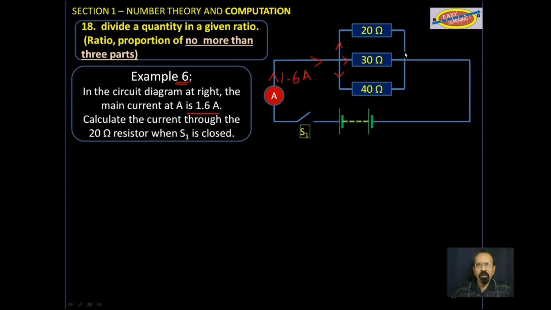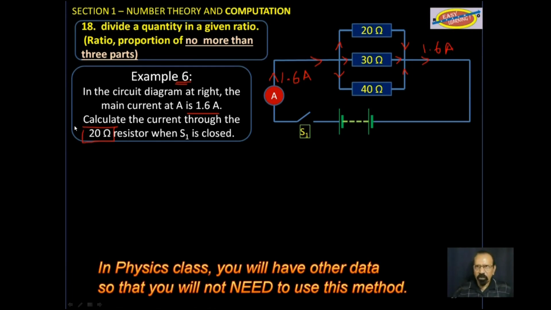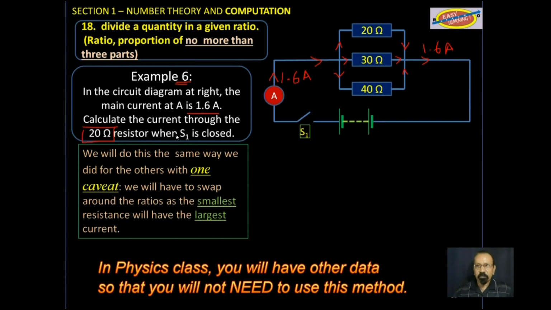Comes back over here, recombines, and you get back your 1.6 amp over this side. Okay, question is, calculate the current through the 20 ohm resistor. Now I will do all 3 just to show what can be done, but all you needed to do was the 20 ohm resistor.